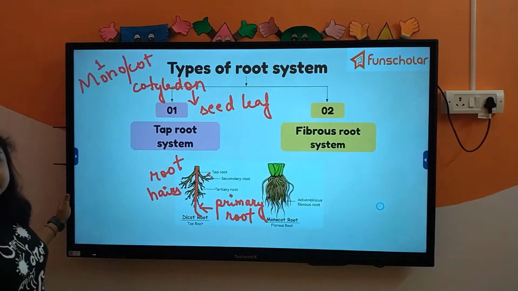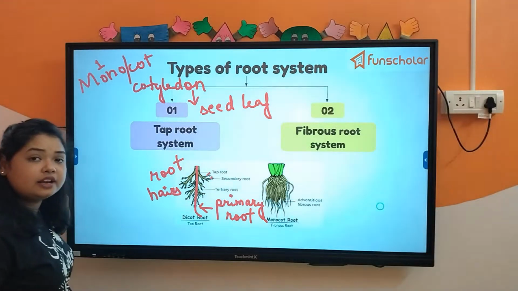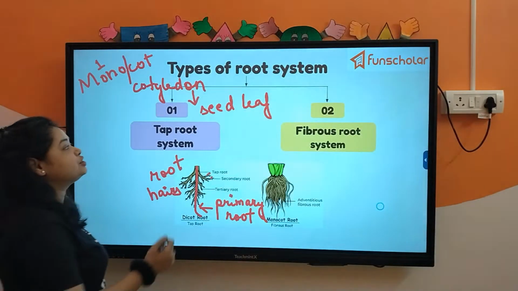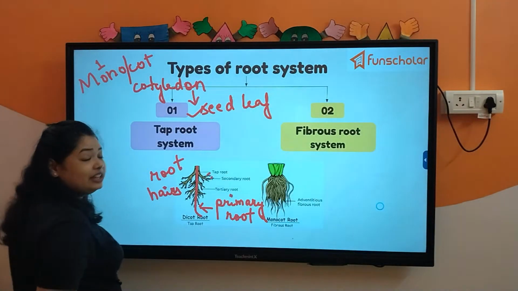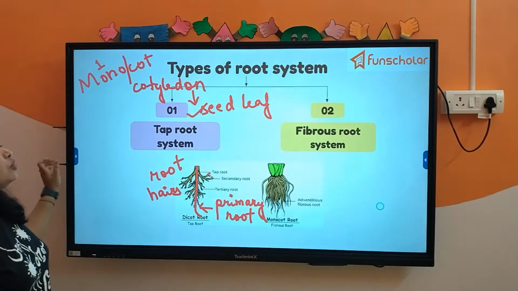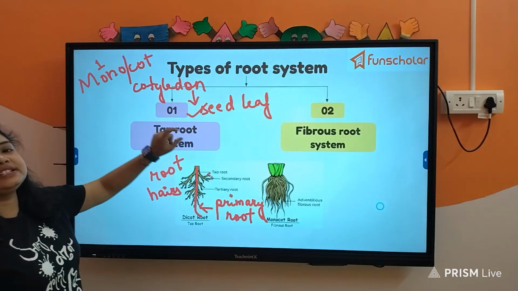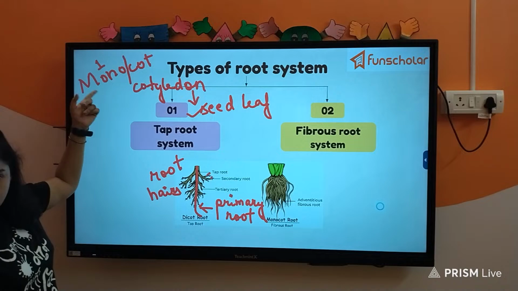When a seed is broken on either side, you will find that there is the food reserve for the growing embryo within the plant. Those food reserve is stored in the seed leaf. And the plants which contain food reserve in only one seed leaf, those plants are known as monocots.